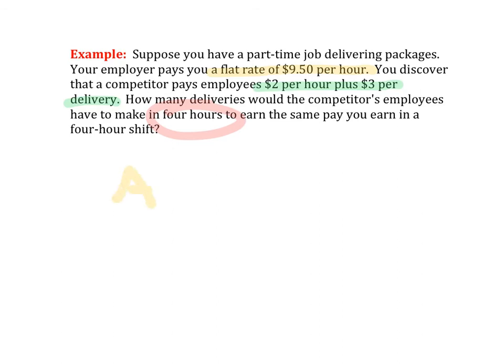So let's go. Scenario A is the flat rate of $9.50 an hour. If we work for 4 hours, we can get that relatively easily. Just do 9.5 times 4. That would be $38.